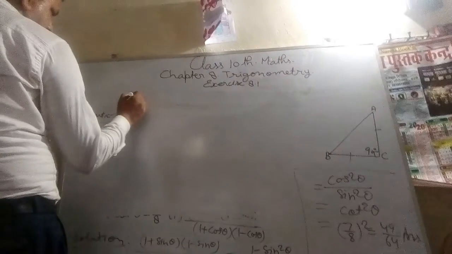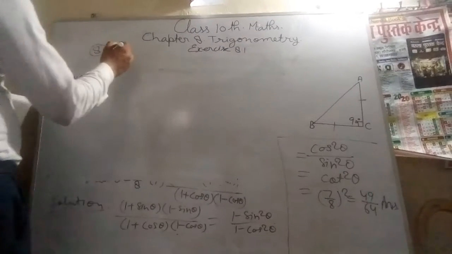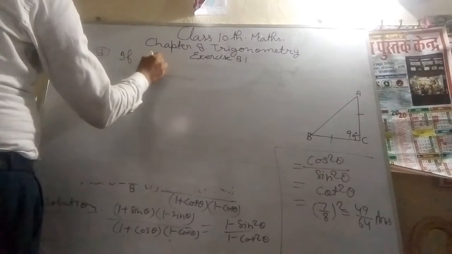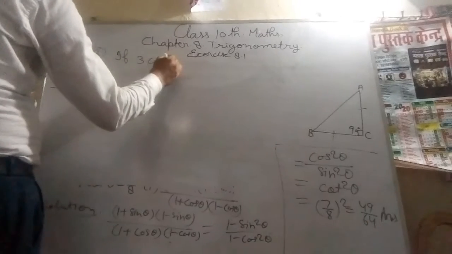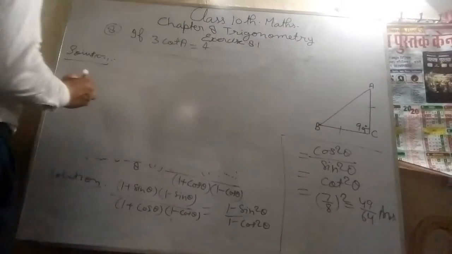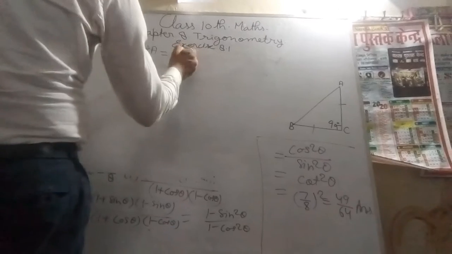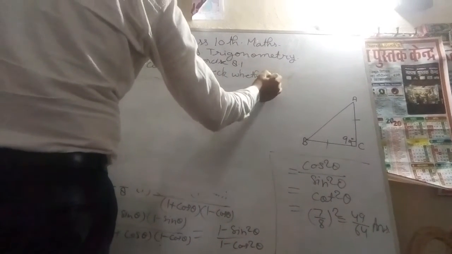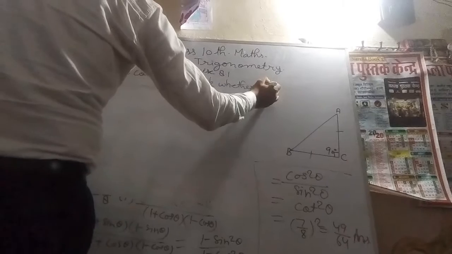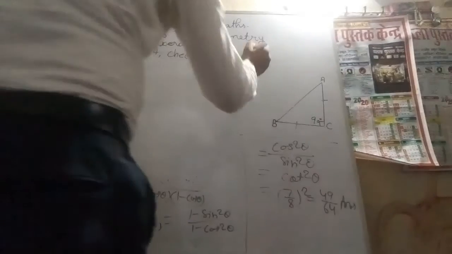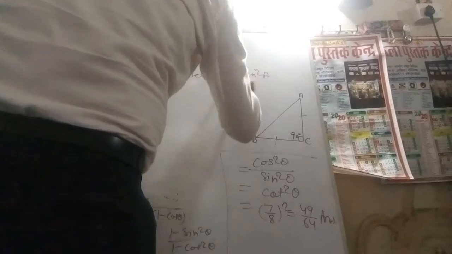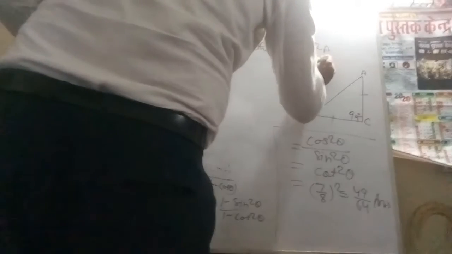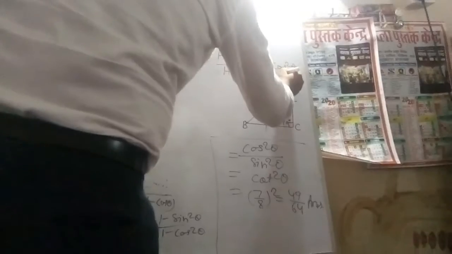If 3 cot of angle A equal to 4, then check whether (1 minus tan square A) upon (1 plus tan square A) equal to cos square A minus sin square A.